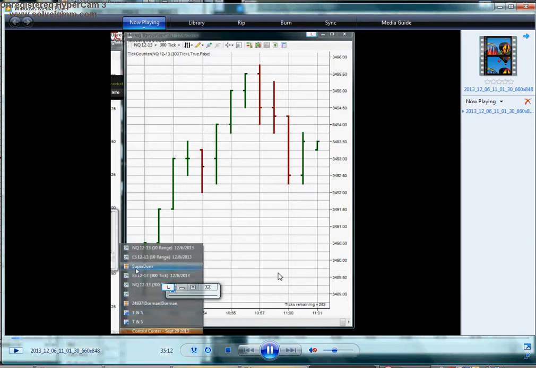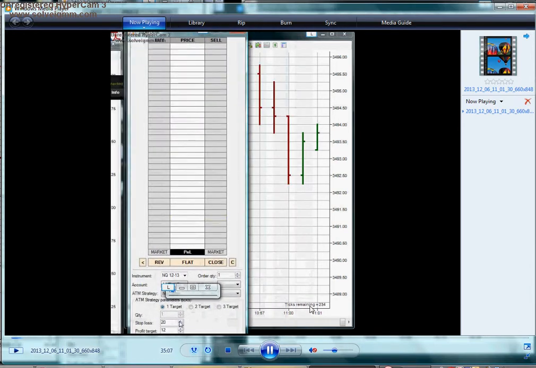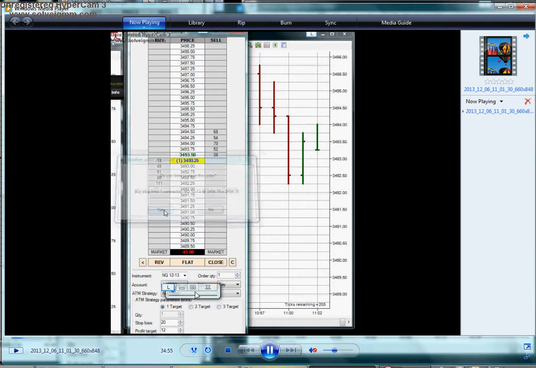I'm just setting it up right now. It's like 11 o'clock. Had to add my Superdome. I'm covering my account number because I didn't have time to do that. Normally I do that, but I have to cover it over the recording because I don't want to show it.